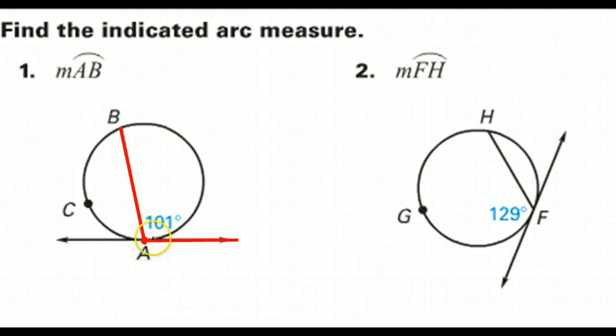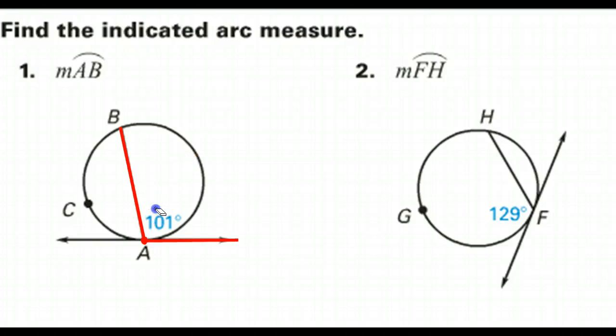That is a special case. Even though one side of the angle is a tangent, it works just as well as if this side of the angle were inside of the circle and we were talking about this angle right here. If it were an angle like this, we would automatically know, oh yeah, well this arc is going to be double, this angle is going to be half the arc.